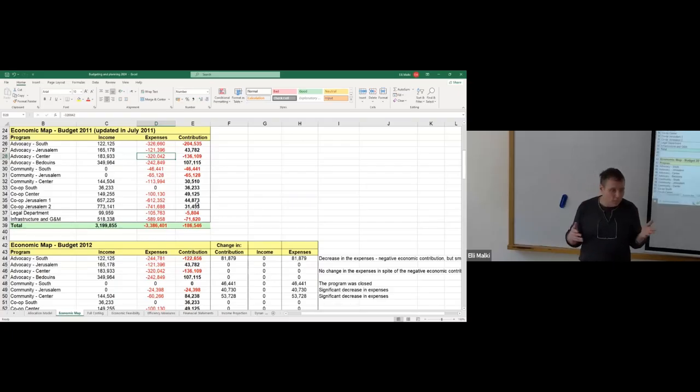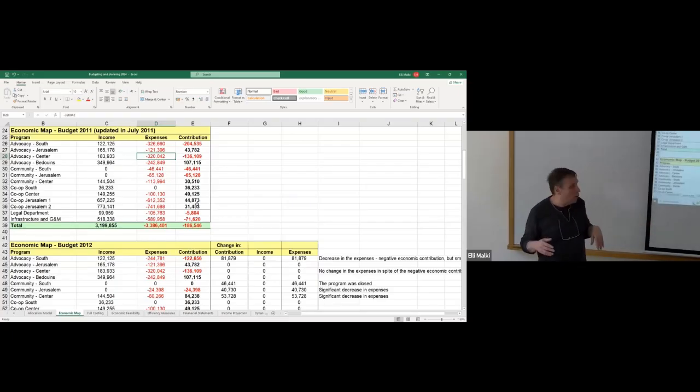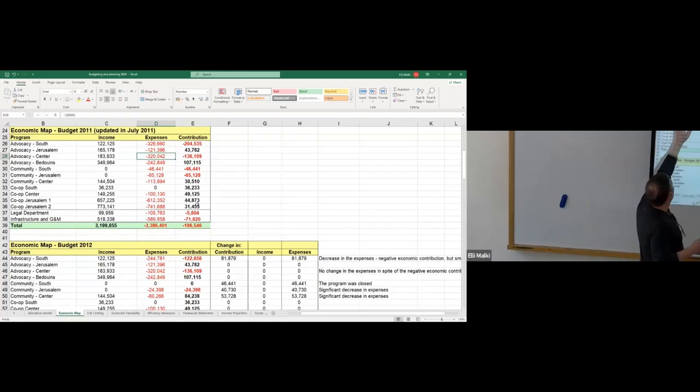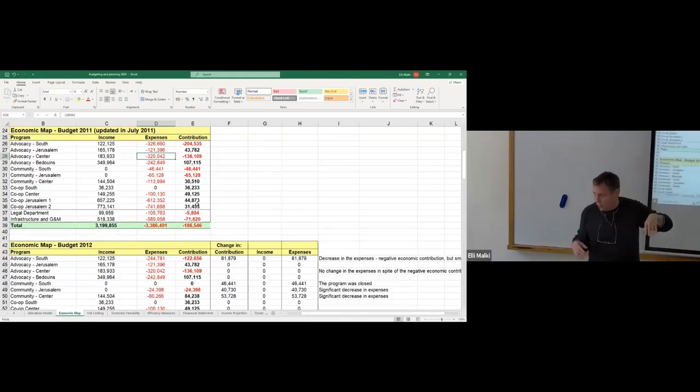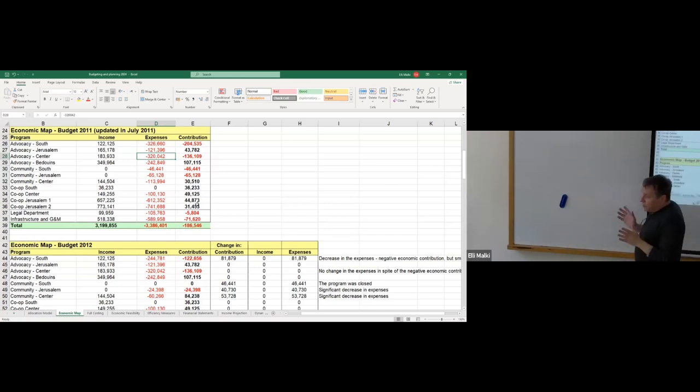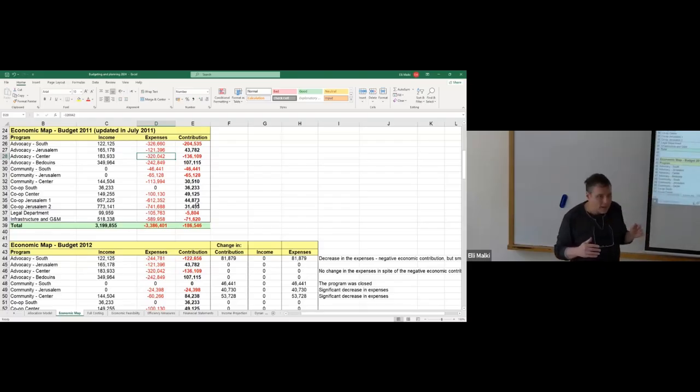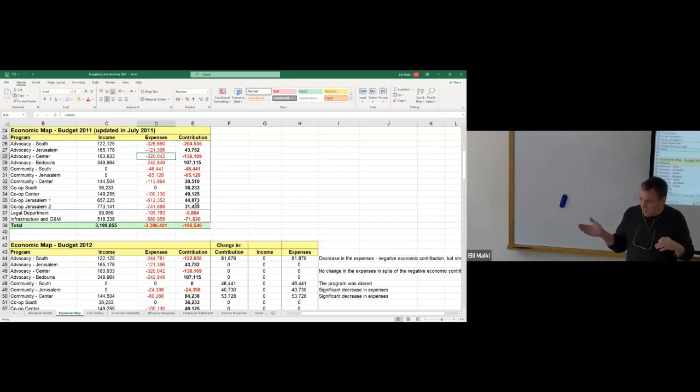There is no reason to close them. But the director decided to close or decrease the community center, and she almost didn't touch the advocacy, in spite of the fact that the advocacy contributes to the deficit much more. And that exactly is the interaction between economic and social goals.